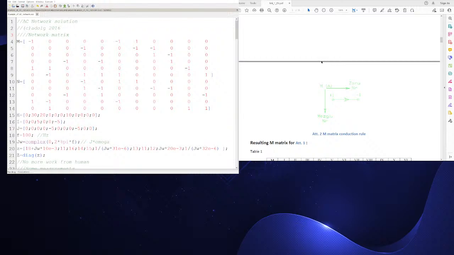If branch 1 inflows into node 1, I write -1. If it flows from it, I write 1. And if there is no connection, I write 0.